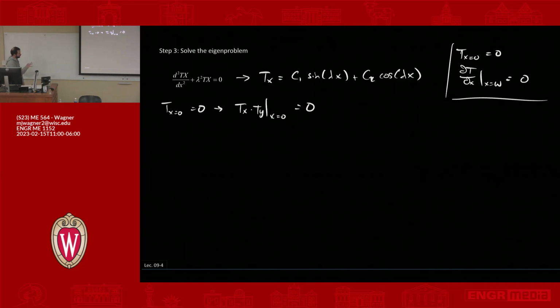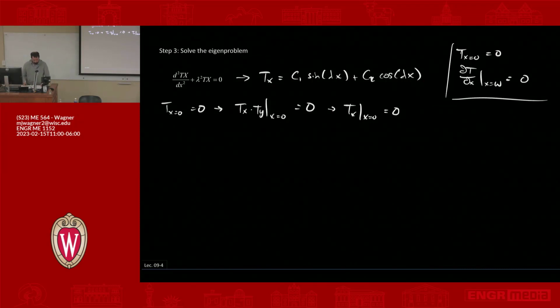So we let T_y be whatever it is. This boundary condition is telling us that because this is a homogeneous direction, T_x has to be 0. Okay, that's a little confusing. But T_x at x equals 0 is equal to 0. The point is, you have to think through that you have 2 independent functions, and how the boundary condition applies to each of them, and how you get a meaningful result out of that. Okay, so that's boundary condition 1.